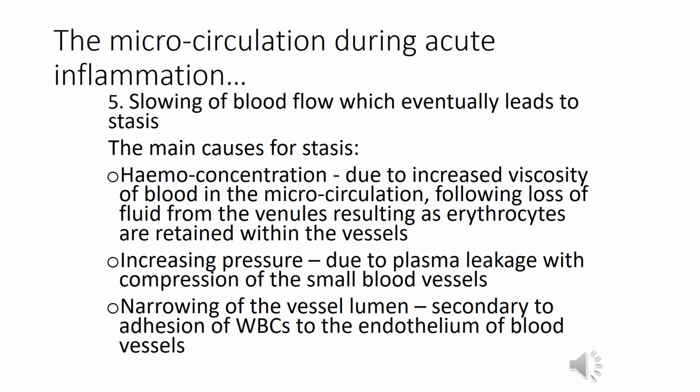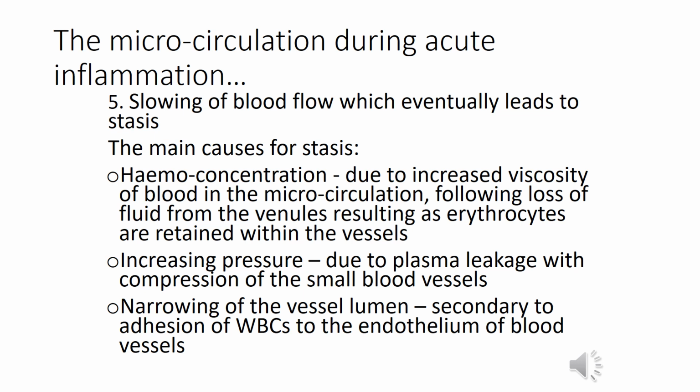The blood cells are there, and so against a reduced or contracted amount of blood, that causes hemoconcentration. When there is hemoconcentration, there will be increased viscosity. When there is increased viscosity, the flow of blood will be slowed, and therefore there will be stasis.